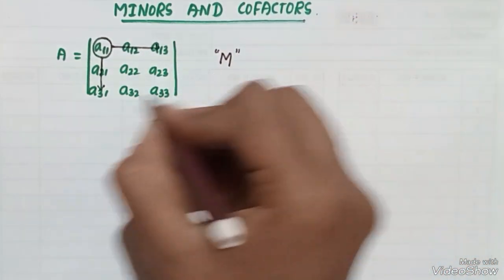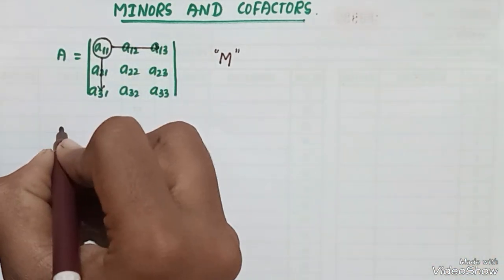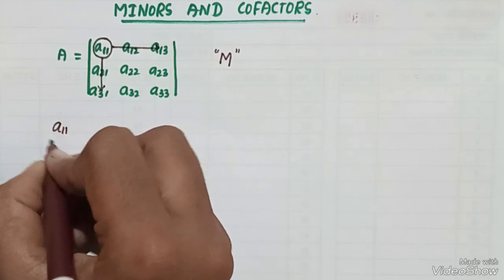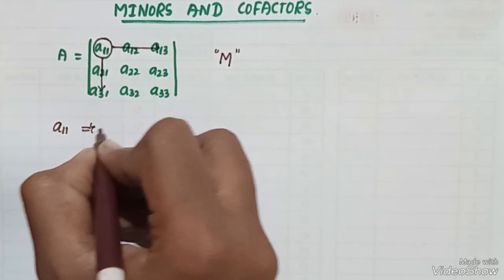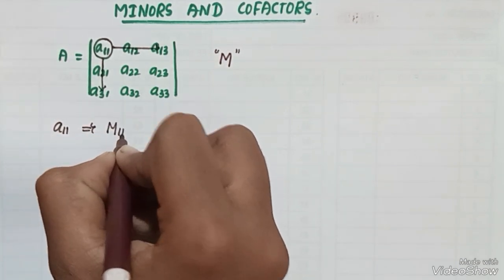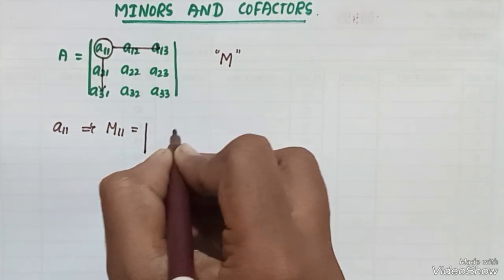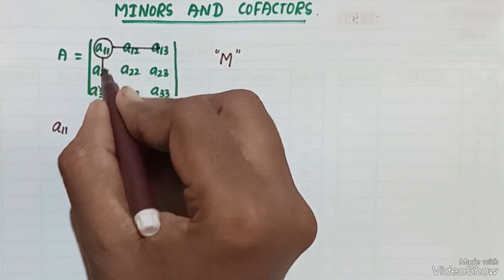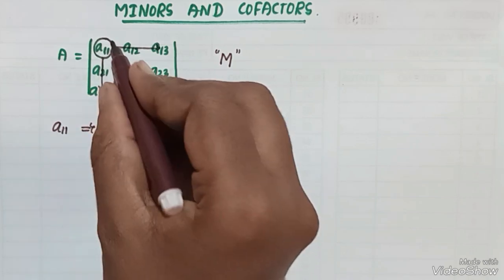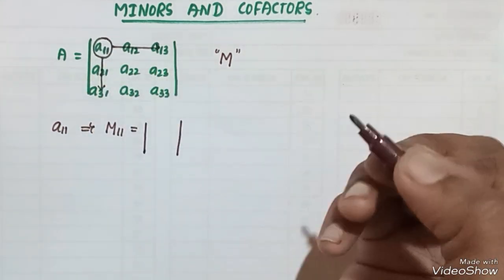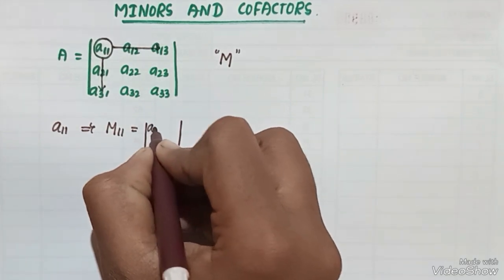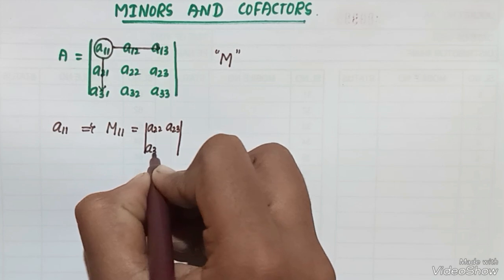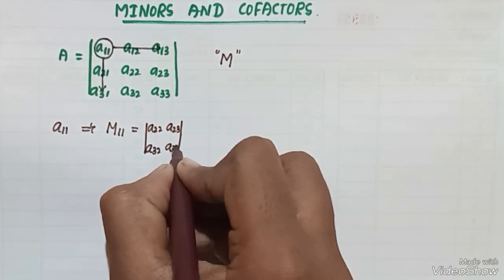Now for the first element, a11. The minor of the first element, that is M11, is the determinant obtained by deleting the row and column in which that element lies, that is, a22, a23, a32, a33.